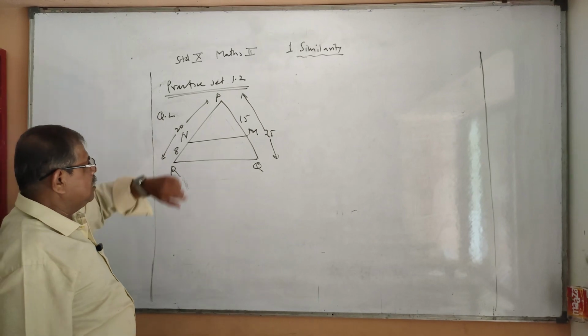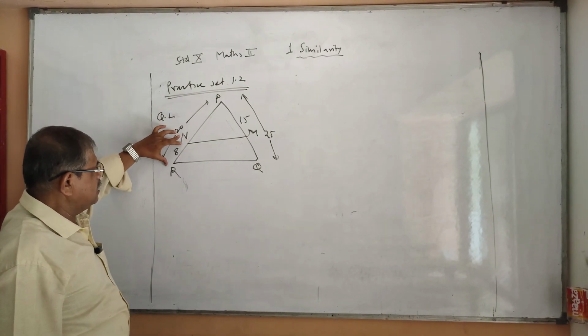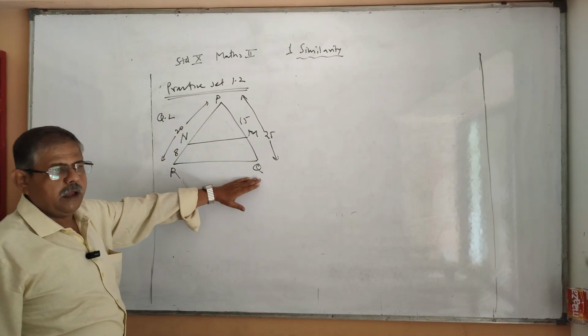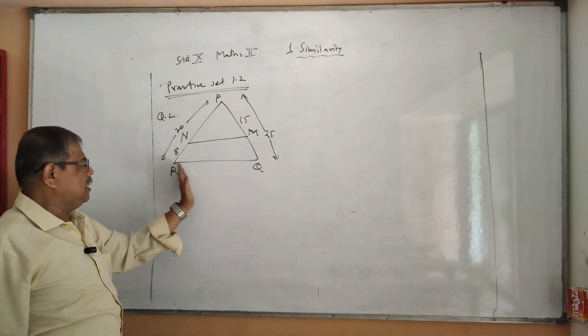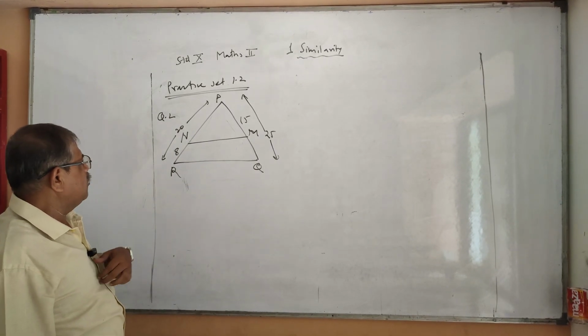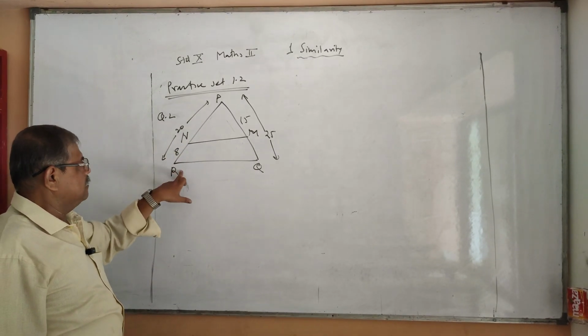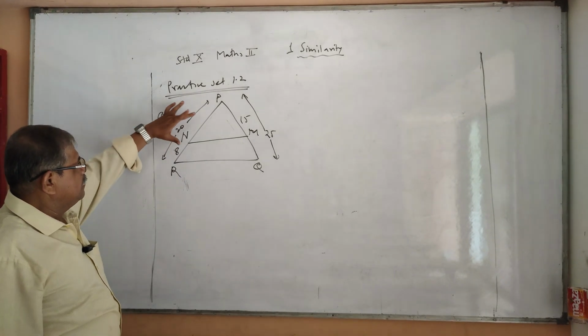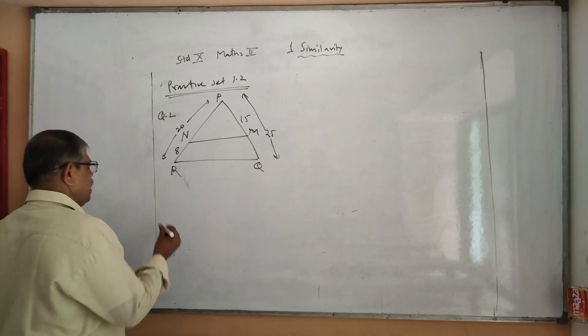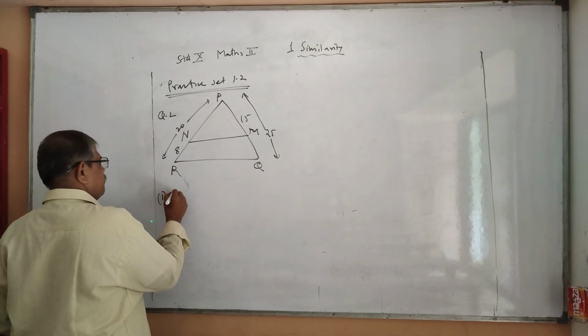Now the property is: if PN upon NR is equal to PM upon MQ, then I can say NM is parallel to RQ. So for that I have to find PN upon NR, but in the question PN is not given directly. So first we have to find PN.